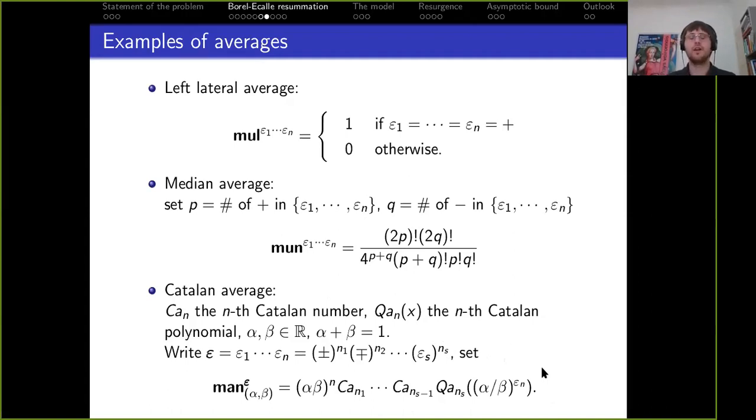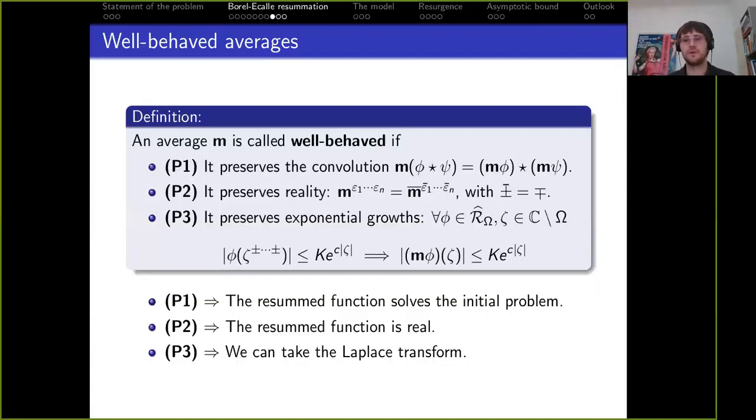Okay, so you have a lot of averages, but of course, not all averages will do the job that you want them to do, because what you want to do at the end is build a solution to the problem you started from, right? You are still trying to resum something. You started from some problem you've solved in terms of formal series, and you want to resum this formal series, but you want the resummation that you give to this formal series to solve the same problem.